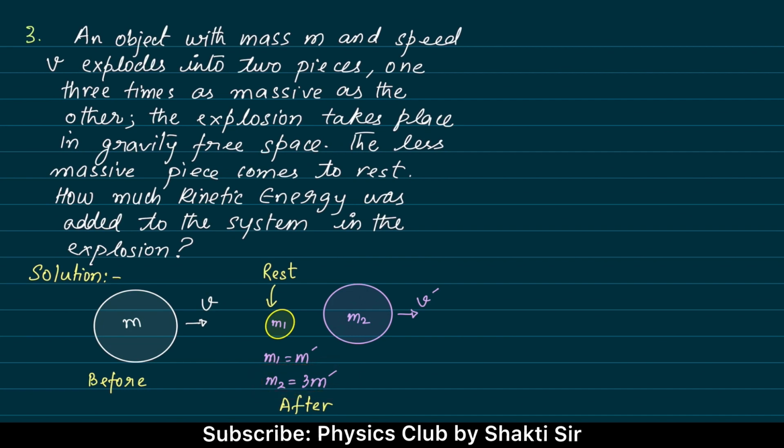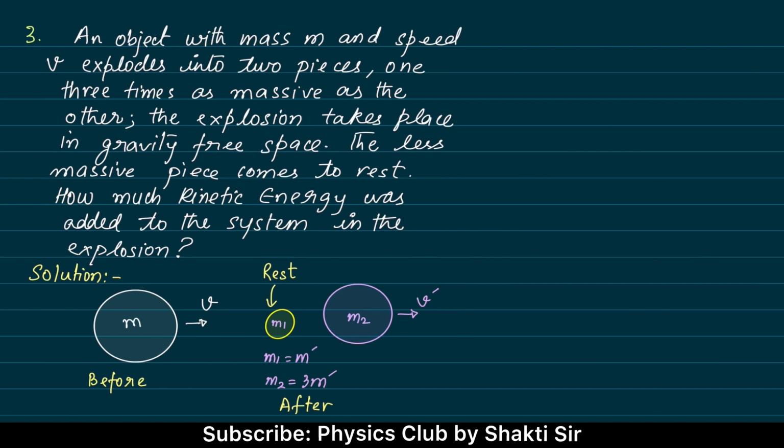If m1 is equal to m dash, then m2 is equal to 3 times m dash. It is also given that the less massive piece comes to rest, and the other one is moving, let's say, with velocity v dash. So how much energy was added to the system in the explosion?